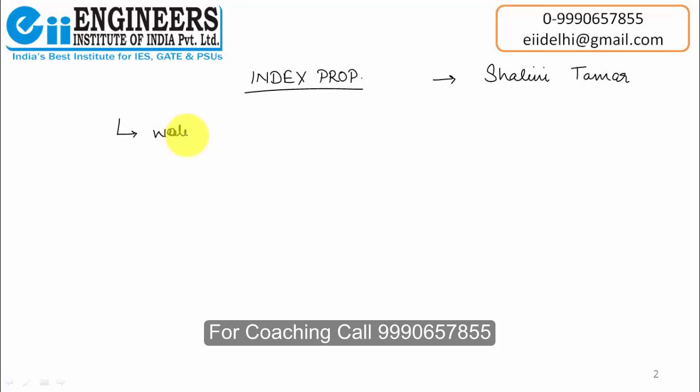Well, one of the main index properties is water content of soil. Then next, specific gravity. We have dealt with these two terms, what is water content, what is specific gravity. Today we are going to find how we find these values in laboratory. Third, particle size distribution.